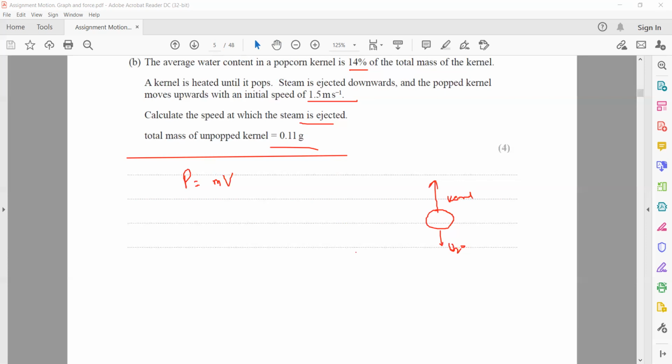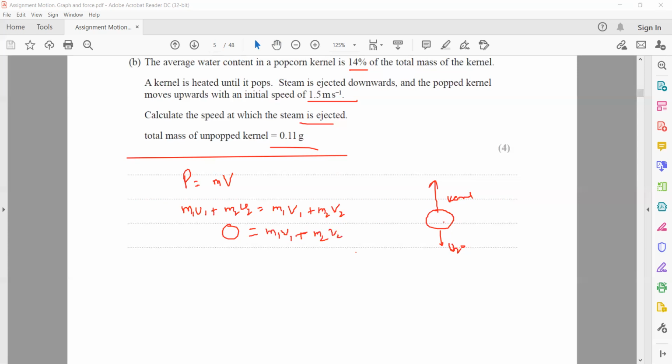We can use the formula m1 u1 plus m2 u2 equals m1 v1 plus m2 v2. Initial momentum is zero because before popping it is at rest. So m1 v1 plus m2 v2 equals zero.